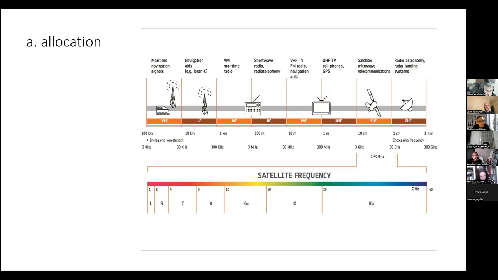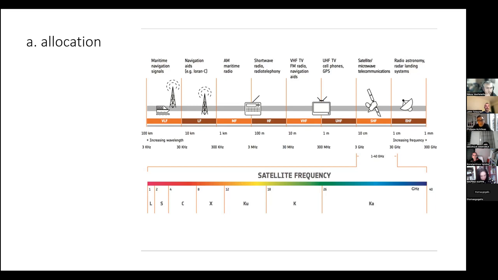So let's say that you are a mobile phone operator, you will use the frequencies allocated for mobile services. If you are a satellite operator, you will use the frequencies dedicated to satellite services. For the army, some bands are dedicated for military uses of frequencies.